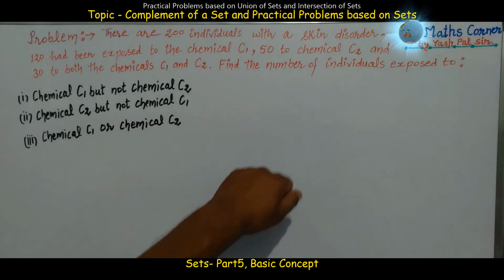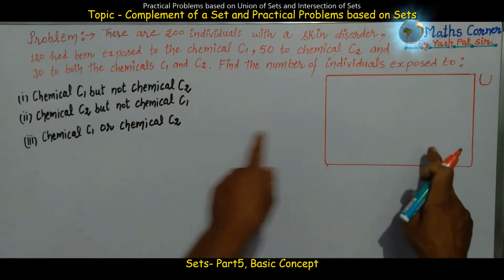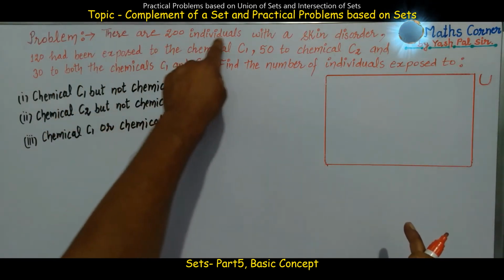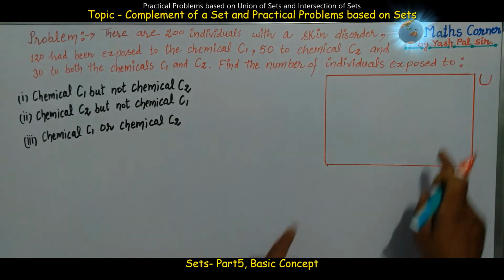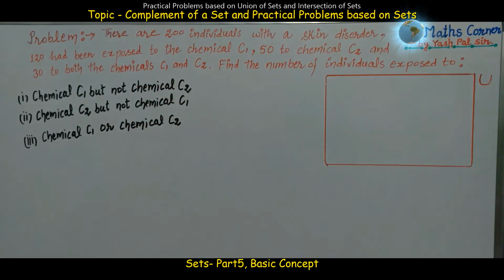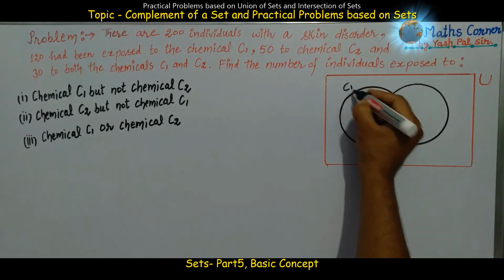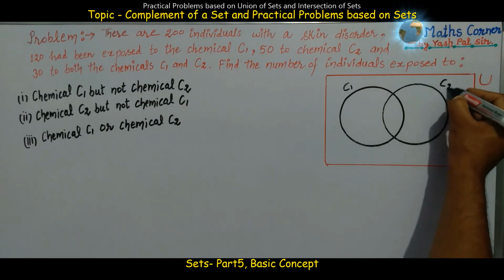First of all, the universal set rectangle. This is the rectangle representing the universal set, that is there are 200 individuals with the skin disorder. All these 200 individuals are inside the universal set. Now these two circles represent chemical C1 and C2.